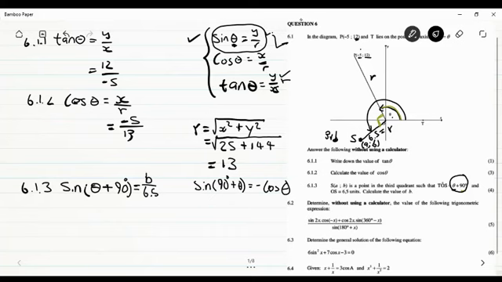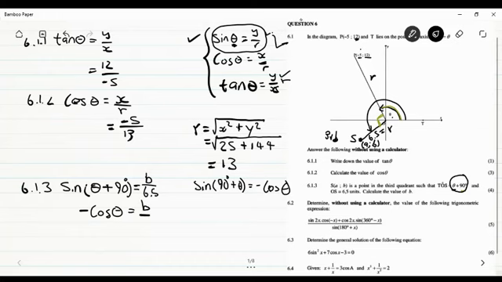And if you don't know this, then I will have to make a video on trigonometric identities and compound angle formulas and many of these facts so that you understand them. But this is something you should know at this point, especially if you're in grade 12.